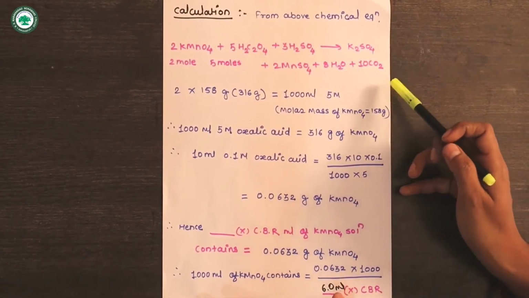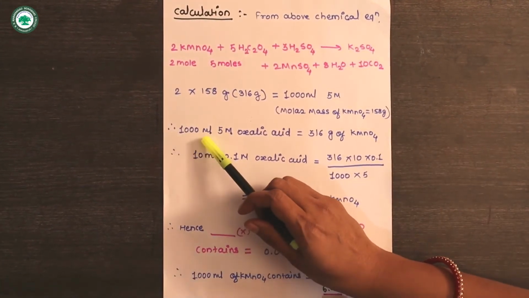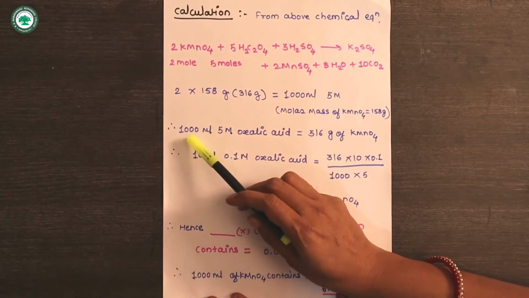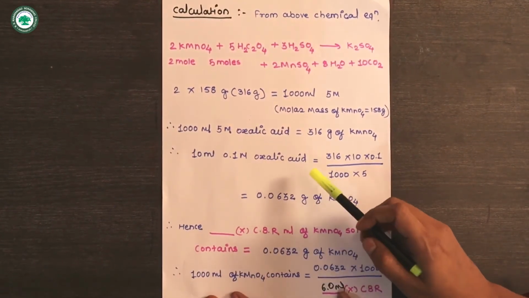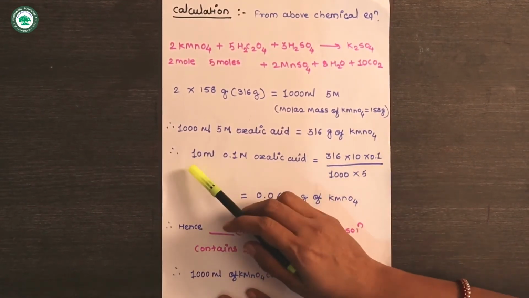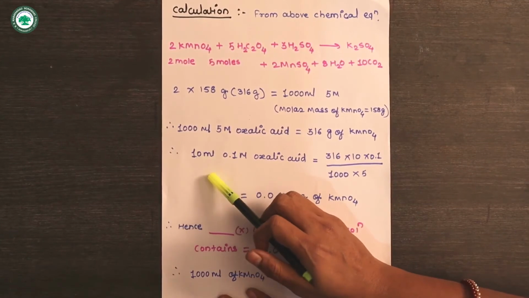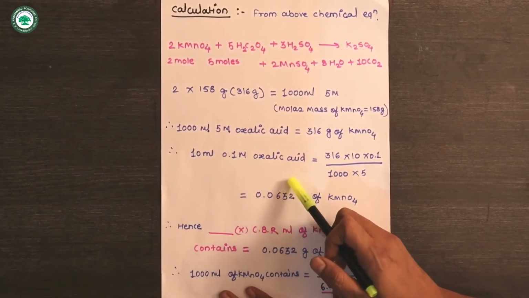This calculation is already written in the 12th science chemistry practical handbook textbooks. Now 1000 ml of 5 molar oxalic acid corresponds to 316 grams of KMnO4.